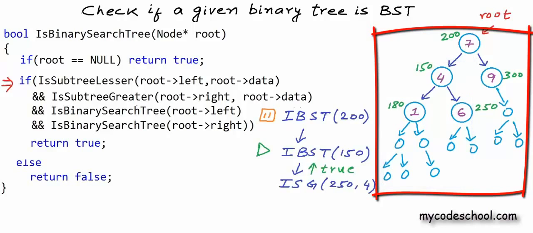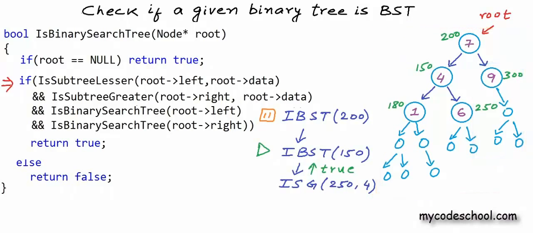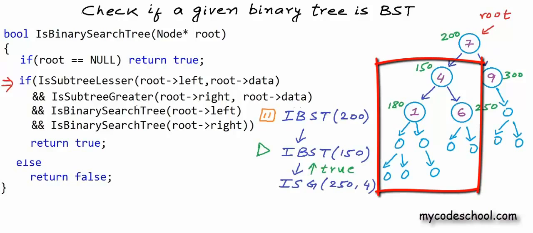And then we will traverse all nodes in this right subtree to see if values are greater than 7 or not. And then in the next call to isBinarySearchTree, when we would be validating whether this particular subtree is a BST or not, we would recursively traverse this subtree to see if values are lesser than 4 or not, and this subtree to see if values are greater than 4 or not.